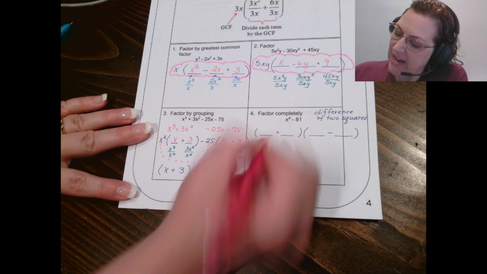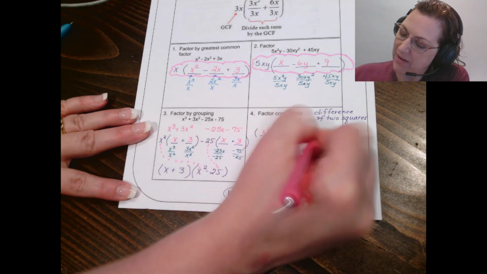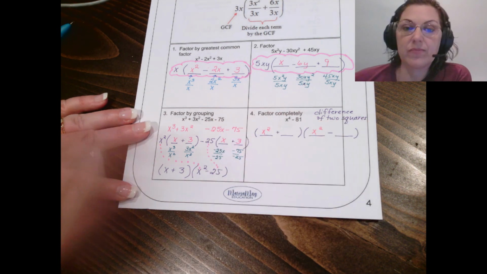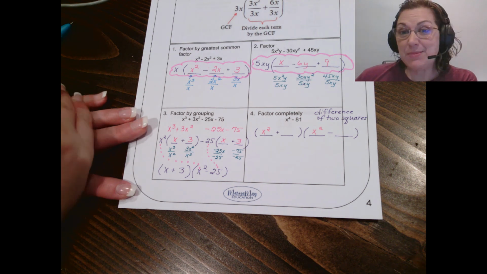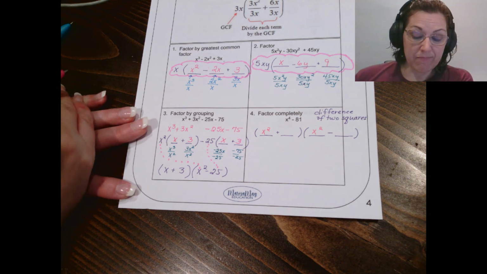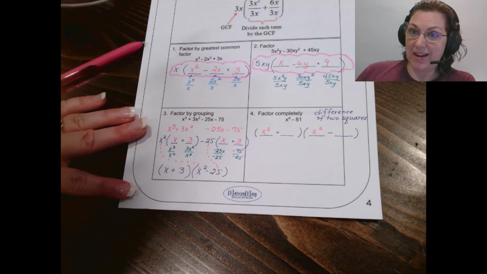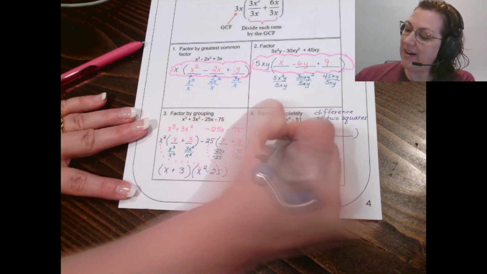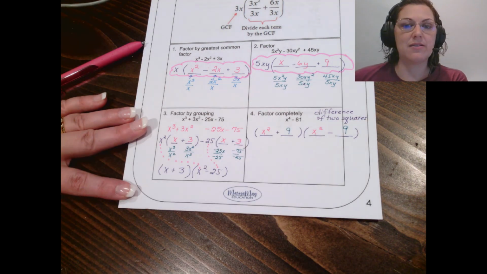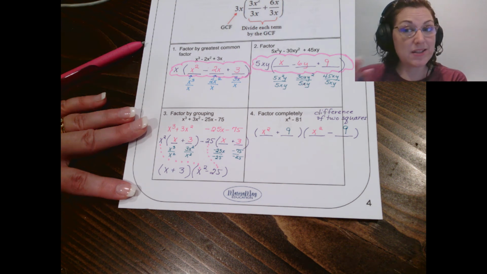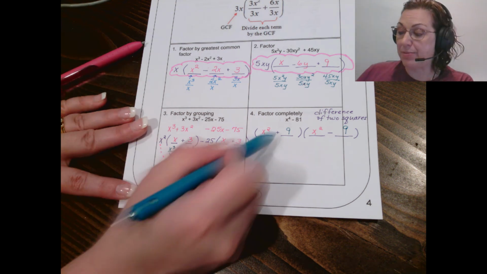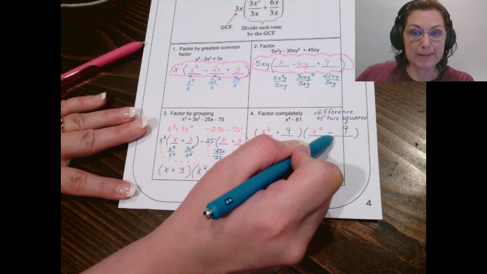Well, that has to be x squared and x squared. What times itself would give us 81? That has to be 9 and 9. See how the parentheses are exactly the same, but one has a plus, one has a minus?